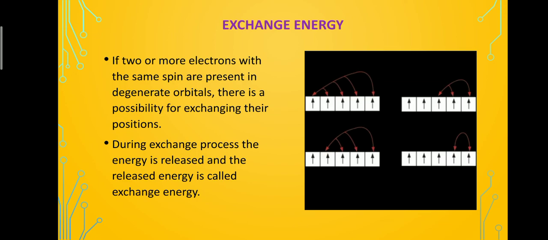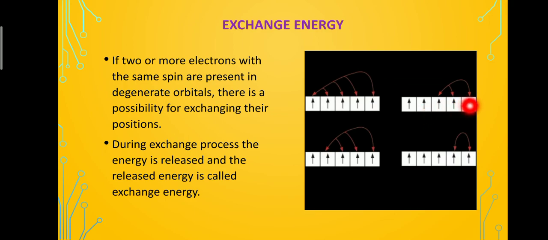Here, look at this. How many exchanges are possible for this electron? 4 exchanges. That is, it can go here 1, 2, 3, 4. So 4 exchanges by this electron, and here it is 2 exchanges.